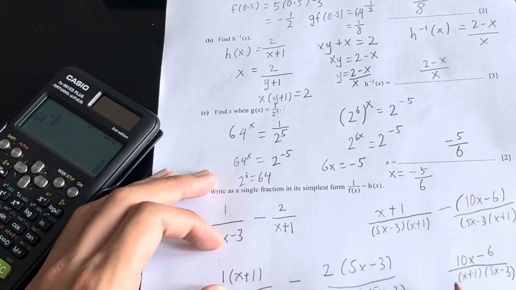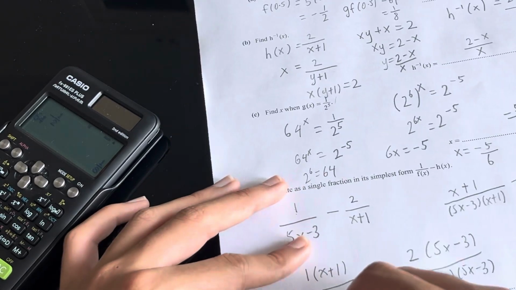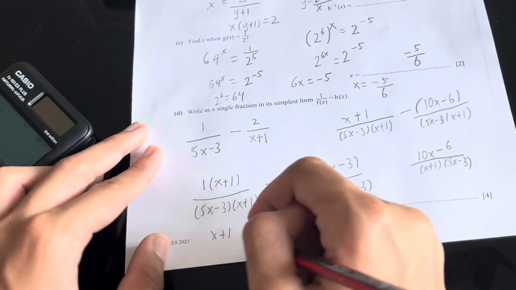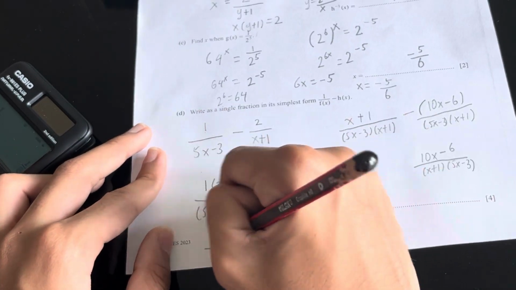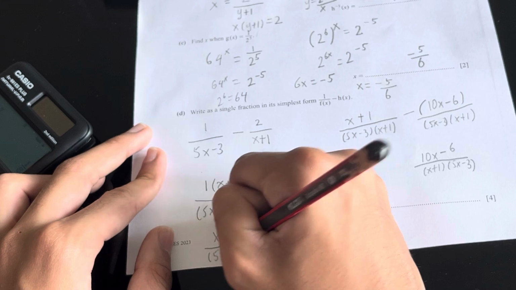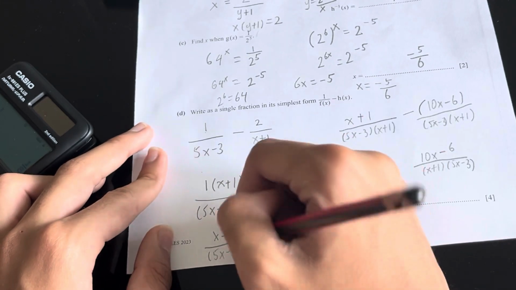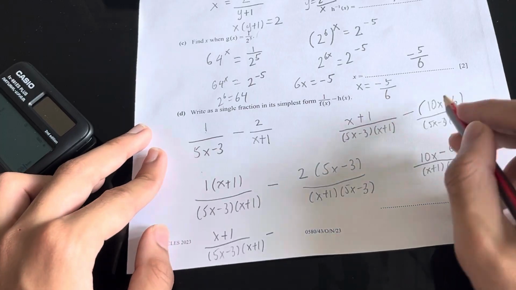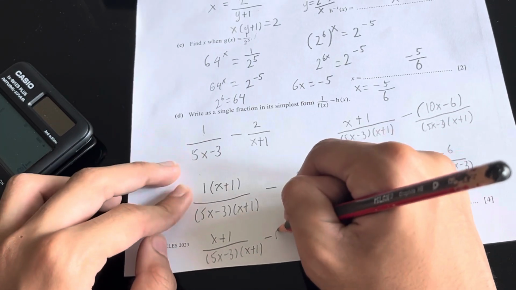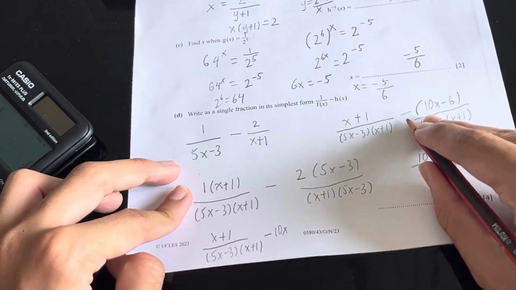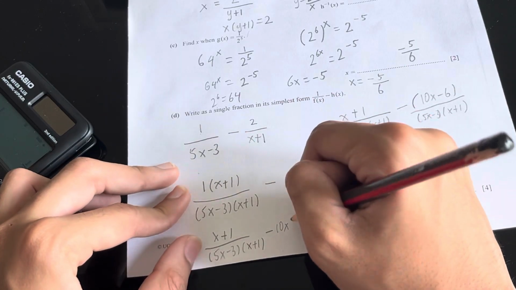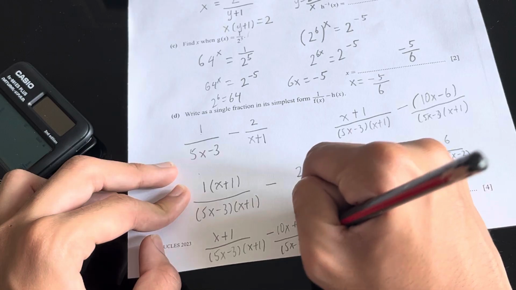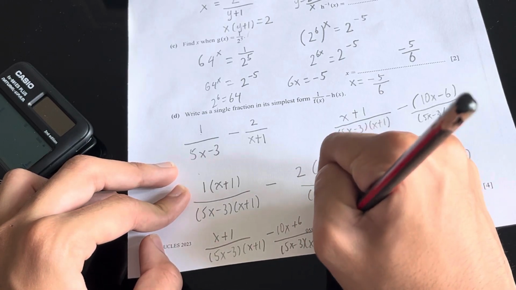Now we can expand the bracket. So I'll write it down here. So we have x plus 1 over 5x minus 3 times x plus 1, and then minus 10x plus 6, because negative and times negative is positive, so you have to be careful. So we have 5x minus 3, x plus 1.